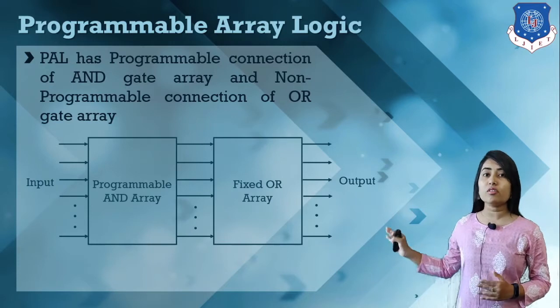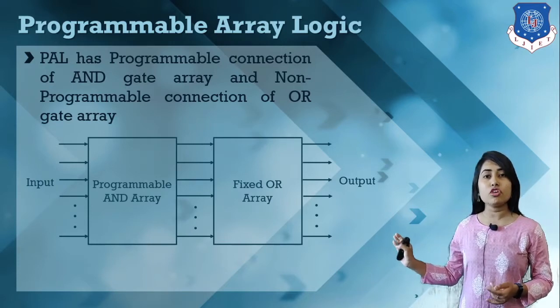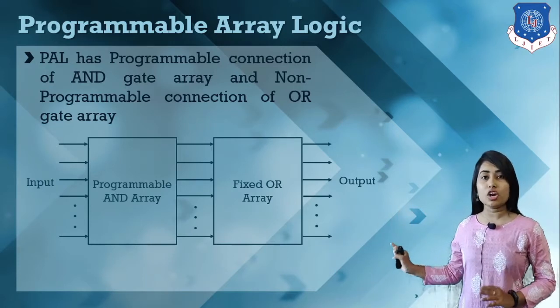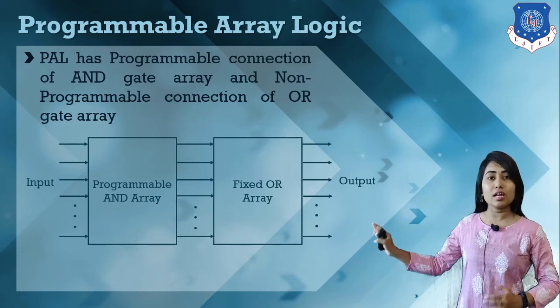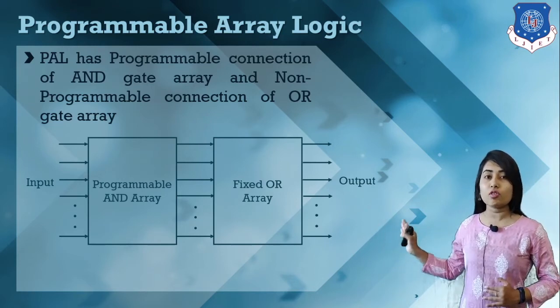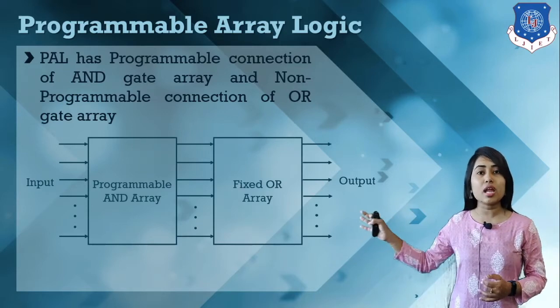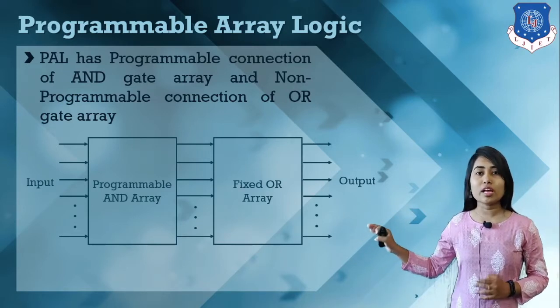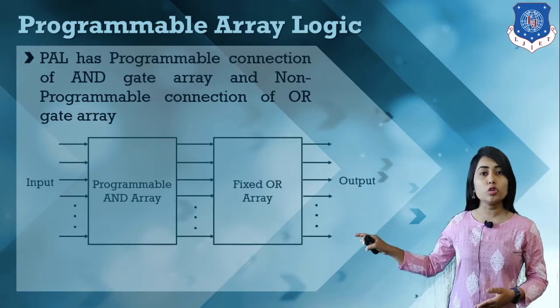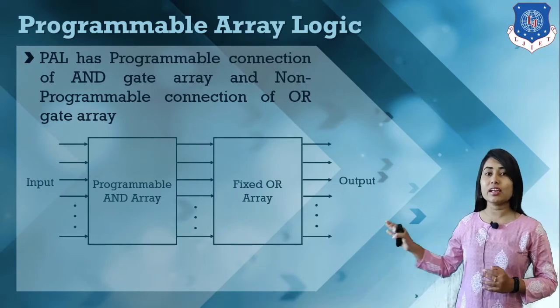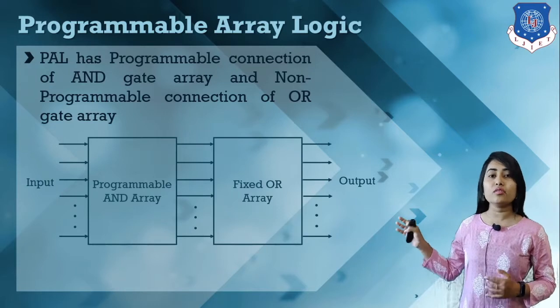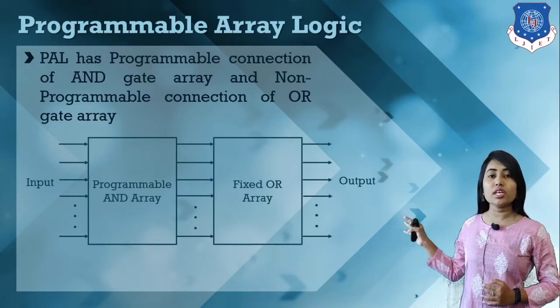Here we have this kind of block diagram for the programmable array logic. Here we have a programmable AND gate array, and here we have a fixed OR array. Whatever inputs are applied go first to the programmable AND gates, and the output of the programmable AND gates is connected to the OR gates, and after the OR gates we have our output.